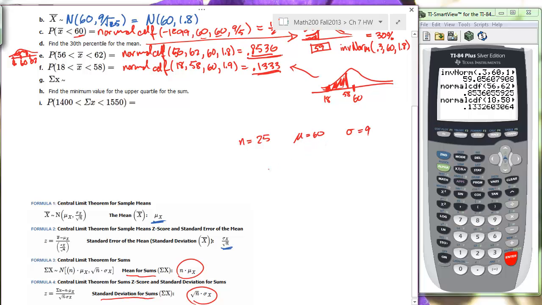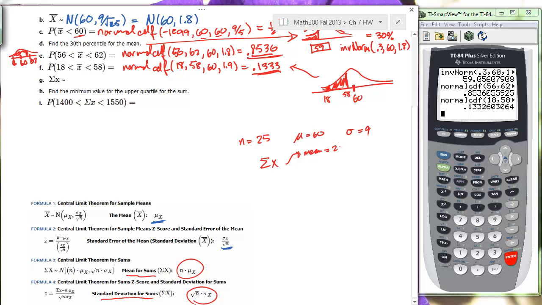Okay, now based on the mean of sums, I don't really recall a symbol for this. So the mean for our sum distribution, I'll just call it a mean since I don't know what the symbol is.